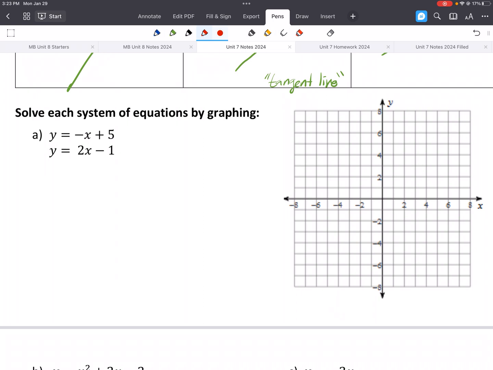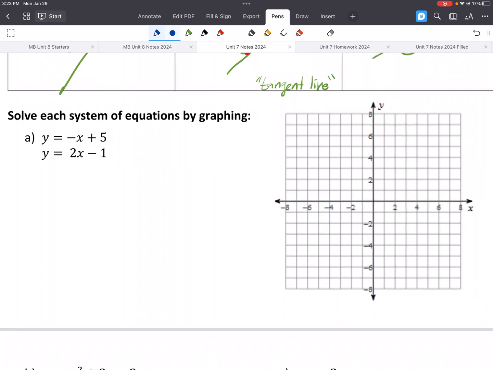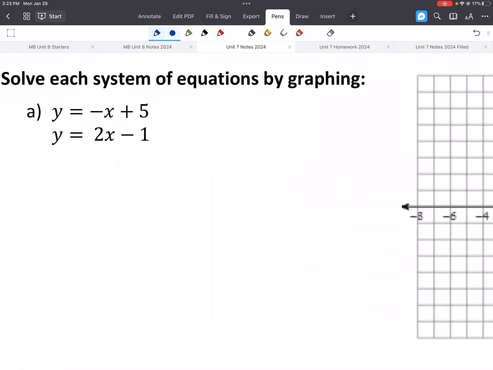So if this is helpful, let's start with that, and then we'll talk about how it's a little different. So again, we're going to plot these two linear equations. This is negative 1 over 1, if you want to write it as a rise over run, and then x plus 5. This is our y-intercept, and this is our slope, our rise over run.